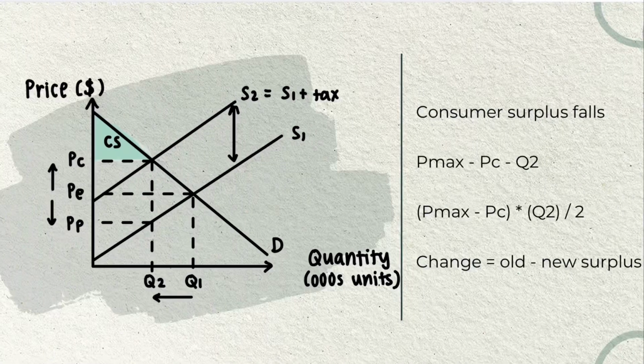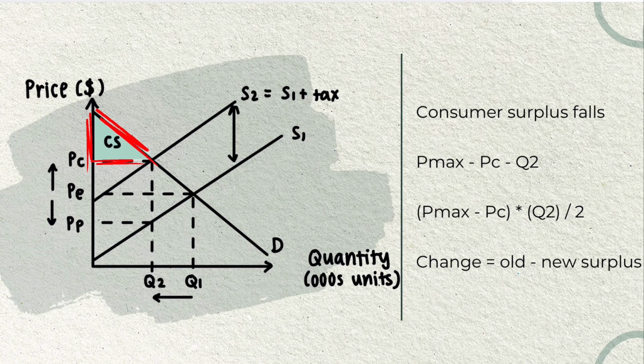But after the tax, the consumer surplus falls as the maximum price that people are willing to pay is here, and the price has now increased from PE to PC, so the new equilibrium price is at PC here. And because of an increase in price, quantity falls from Q1 to Q2. And due to this mechanic, this gives us a smaller triangle shaded in blue.